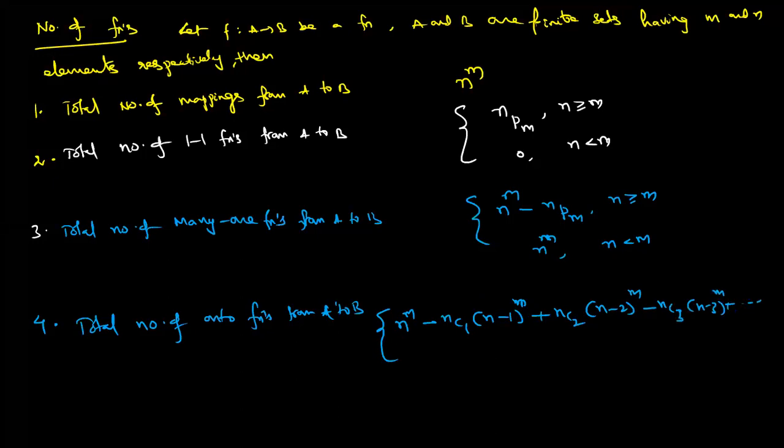Dear students, now when it is possible, n less than m conditions apply. n factorial, when n is equal to m. 0, when n is greater than m. These conditions are very important.